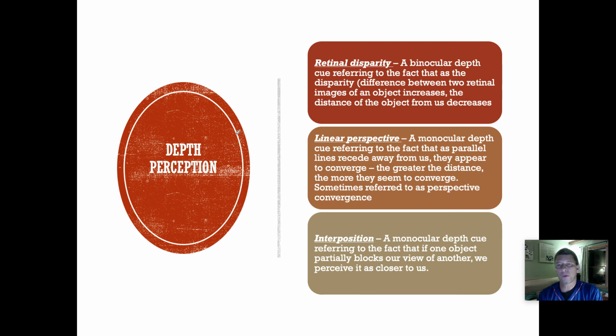The first one is what we call retinal disparity. Now, remember, your retinas are the sensory receptors in the back of your eyeballs. And this is binocular, so two eyes. It's a binocular depth cue, referring to the fact that as the disparity between two retinal images of an object increases, the distance of the object from us decreases.